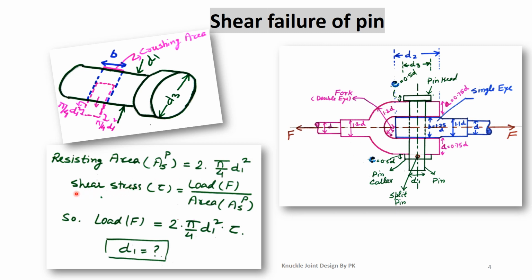Now we know the formula of shear stress: tau is equal to load divided by area. So the load F is equal to the area multiplied by the shear stress, that is 2 pi by 4 d1 square into tau. In this equation we know the values of shear stress and F. The only unknown dimension is d1, so from this equation we find the value of d1.